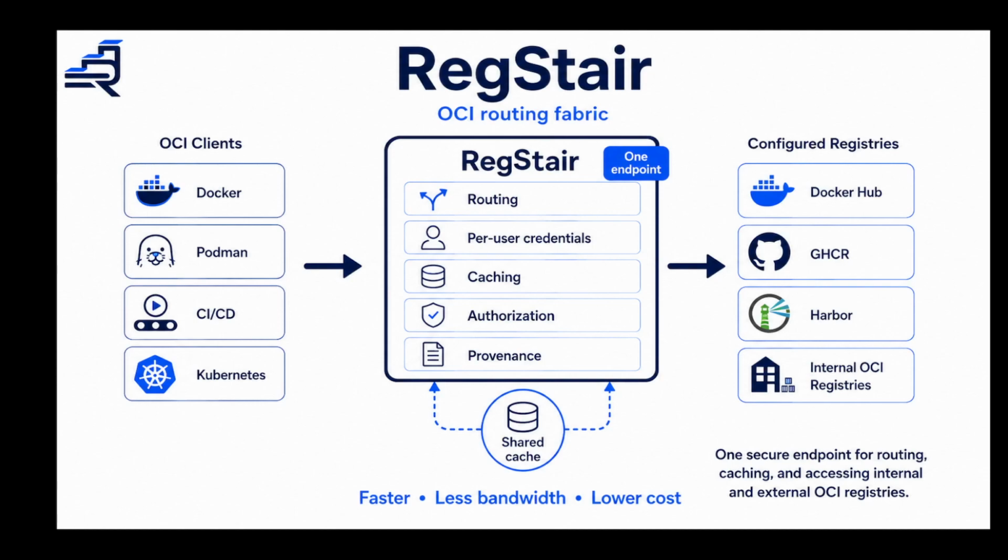Hello, I will be demonstrating how to install Regstair. Regstair is basically, for lack of a better term, a caching proxy for image repositories such as Docker, GitHub, Harbor, and Google and others, so that a client can have a single point in which they can access the various registries out there.